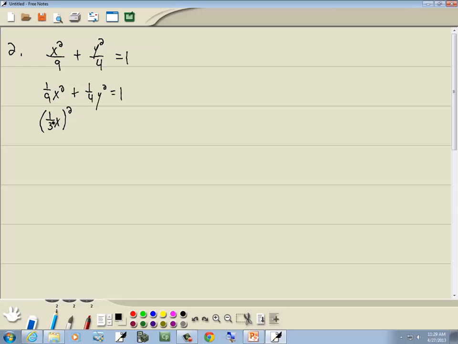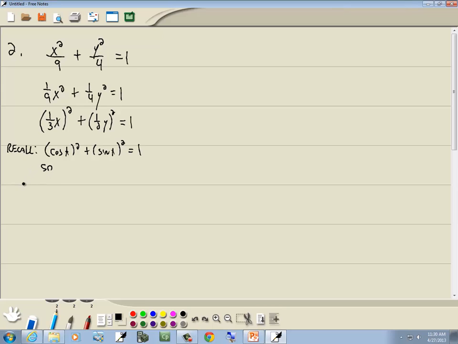So that'd be 1/3 x to the second power plus 1/2 y to the second power equals 1. Now you want a radius of 1. Now when you look at this, recall that cosine t squared plus sine t squared is equal to 1. This is why you always get 1 on the right side, and you try to write these as something squared. Because now I can set what's inside of the parentheses equal to each other.